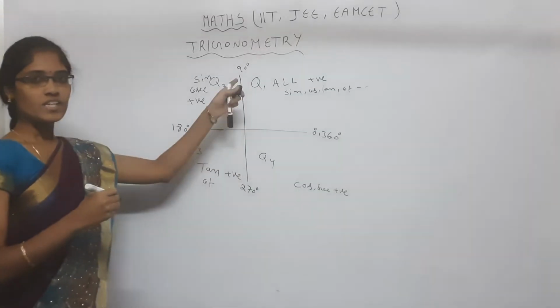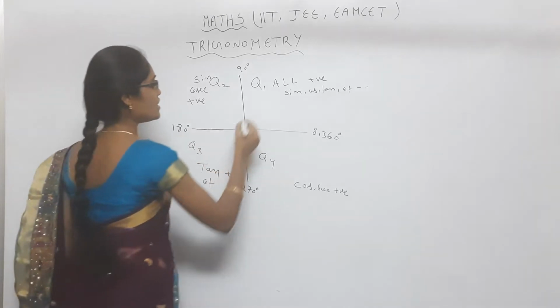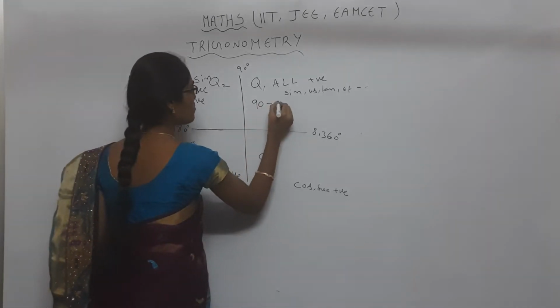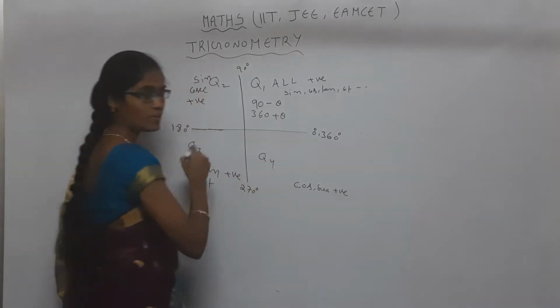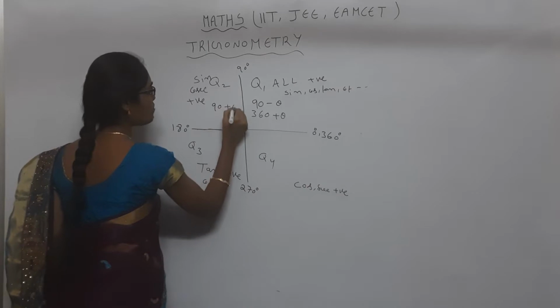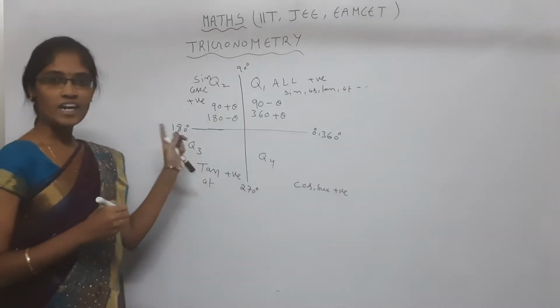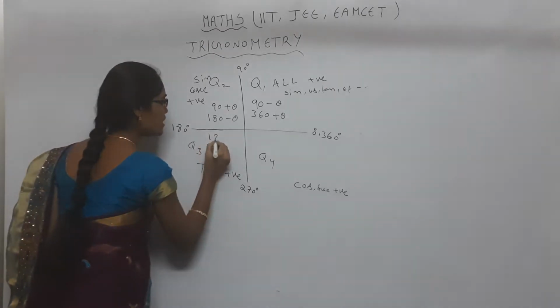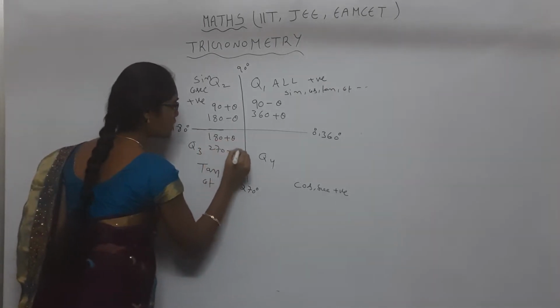Okay, see the angles here. In the first quadrant: 90 minus theta and 360 plus theta. In the second quadrant: 90 plus theta and 180 minus theta. In the third quadrant: 180 plus theta and 270 minus theta.